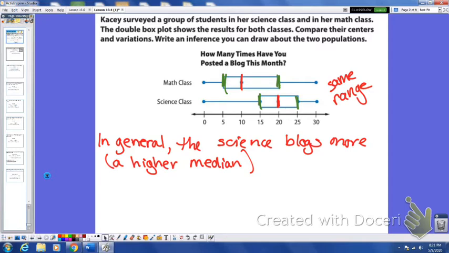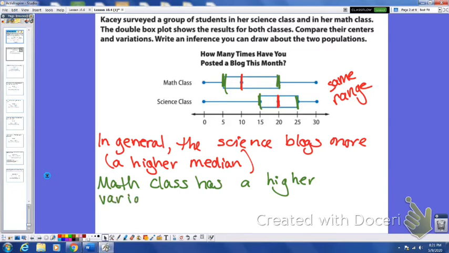So that's only a IQR of 10, so we could say that the math class has a higher variability. And again, we know that because it has a higher IQR.